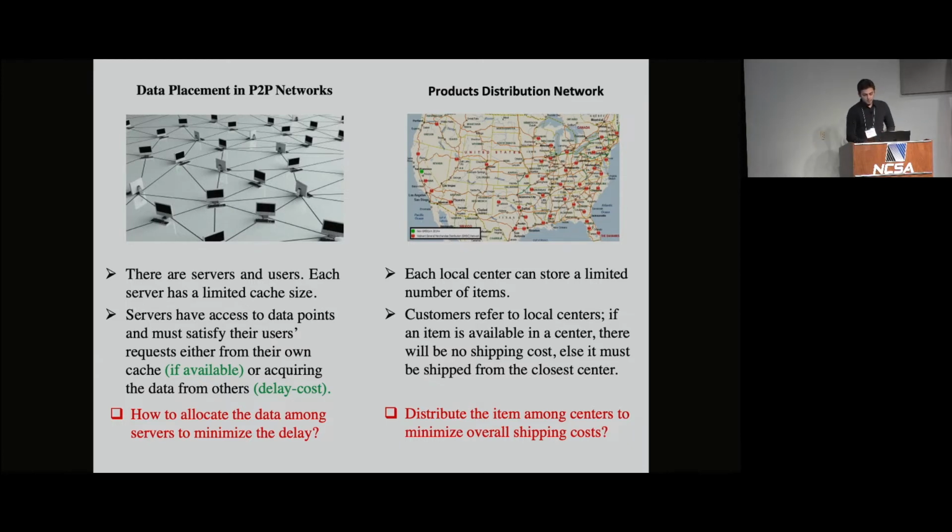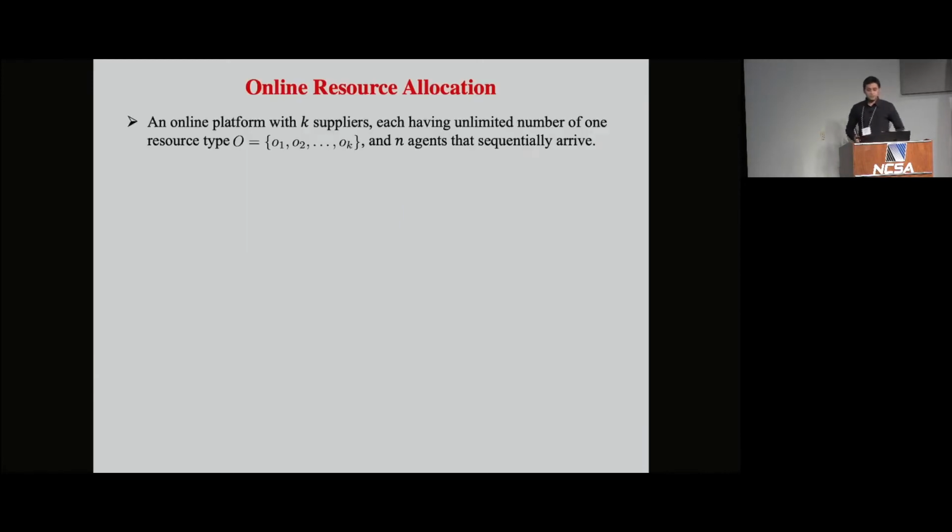Okay. Great. So without further ado, let me jump into the problem formulation. We are going to consider an online platform with K suppliers. Each supplier has an unlimited number of one resource type, and we assume that we have in total K resource types. There are N agents which are going to sequentially join the platform in an online fashion.